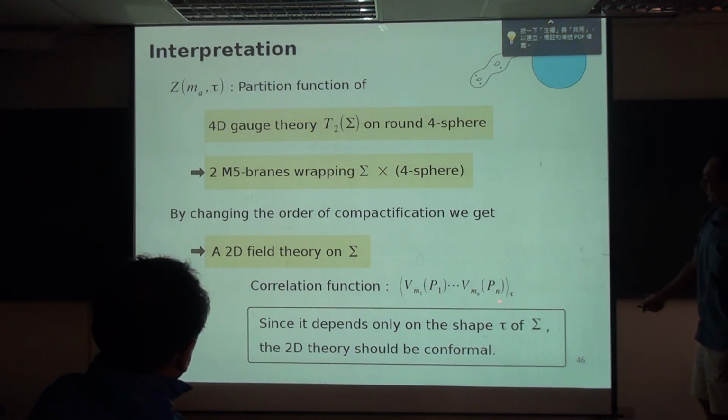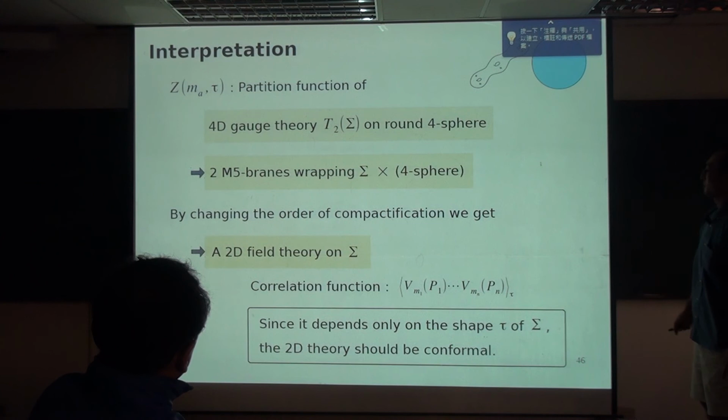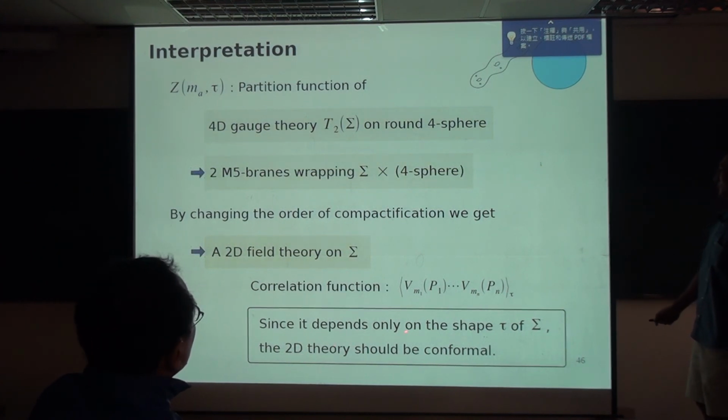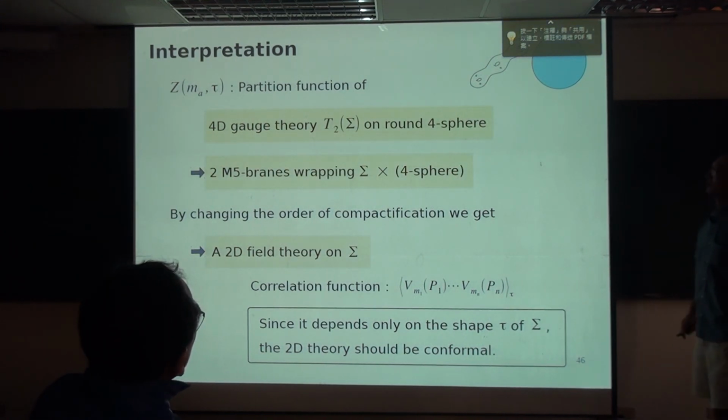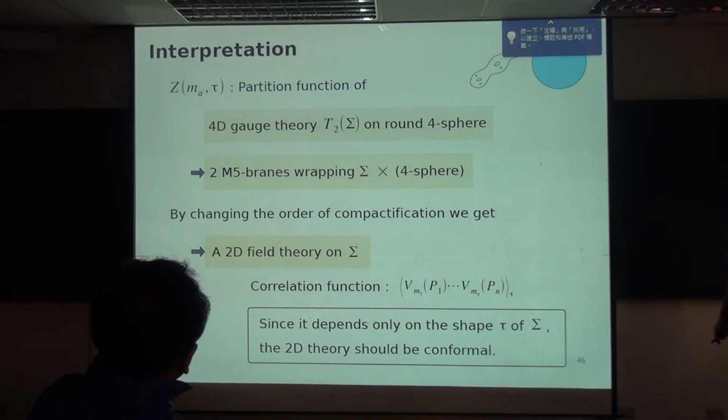Then if this depends only on the shape of sigma, the two-dimensional theory living on sigma has to be conformally invariant. So from this argument, we roughly know that if we compactify the M5 brane theory on a four sphere, what we get should be a conformally invariant theory, a CFT.